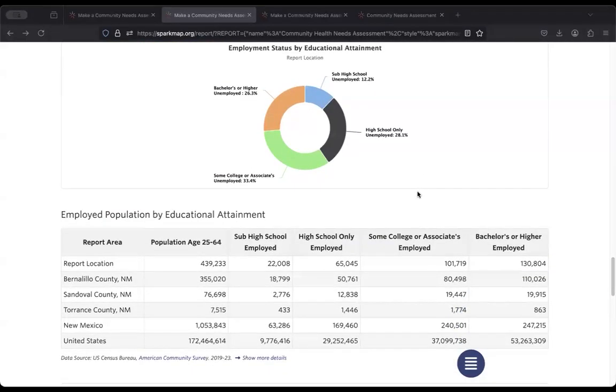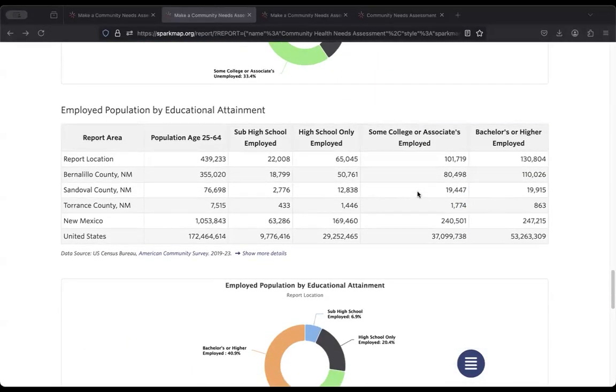If we scroll down, we can see the opposite of that: the employed population by educational attainment, still looking at that 25 to 64 age range. We can see how many folks without a high school diploma, or below a high school diploma, are employed. We can see that number here compared to high school only, compared again to the associate's degree and bachelor's degree. Here we can see that most of these counties are making sure that folks are employed despite maybe not having a high school diploma.